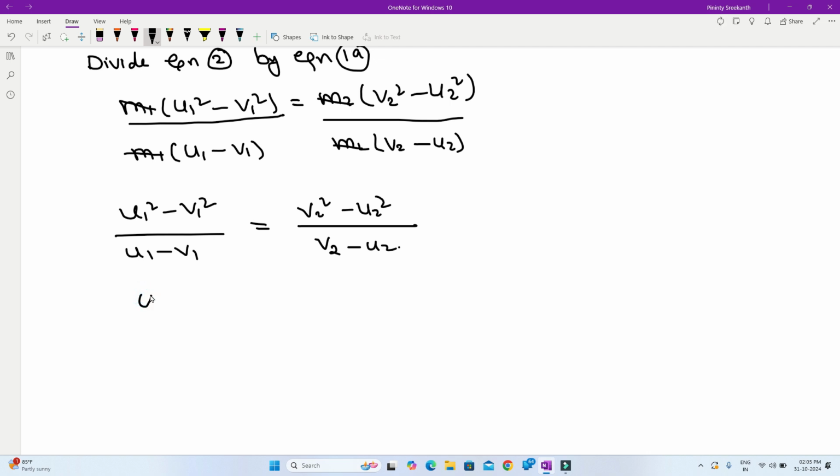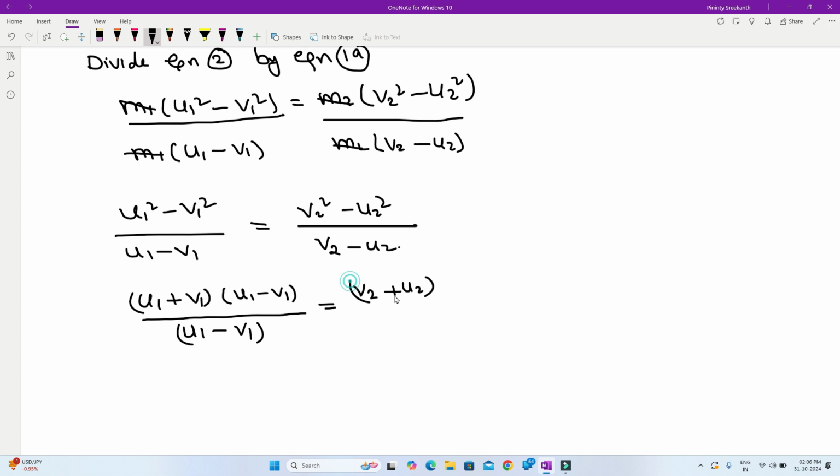So that is (u1 + v1) into (u1 − v1) divided by (u1 − v1) in the denominator. That is equal to, this is v2, u2, so (v2 + u2) into (v2 − u2) divided by (v2 − u2).